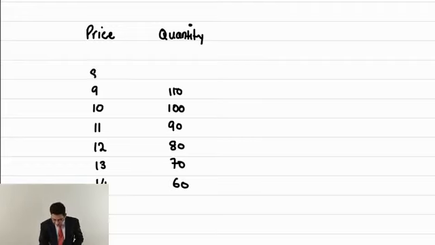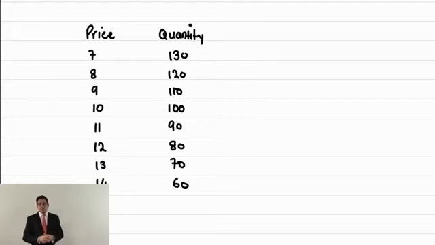What if we reduce the price further to 8 and the quantity increases to 120, or even 7 and quantity goes further up to 130? What possible things may happen? First of all is the change in price and change in quantity. You can see I was changing the price by $1 and the quantity by exactly 10 units at every interval.